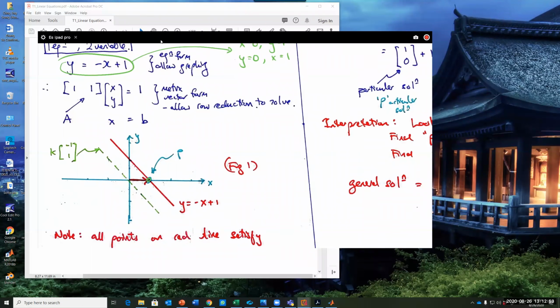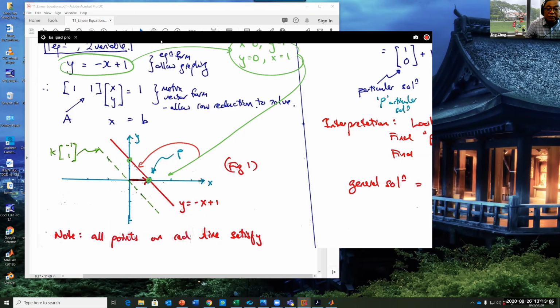So this point and this point, and then that allows me to draw the red line. Clear? So when I give you an equation, this kind of equation, linear equations, then I'm asking you to draw lines. Now there are two variables, x and y, and then it forms a line.